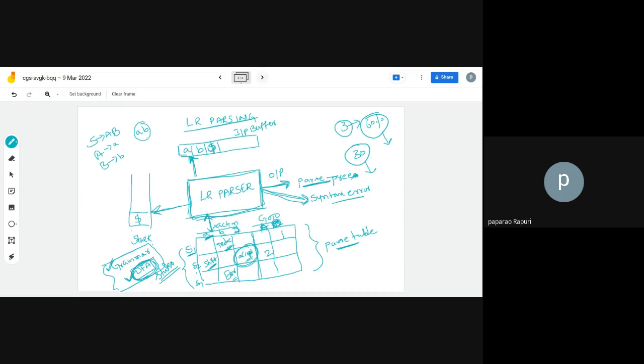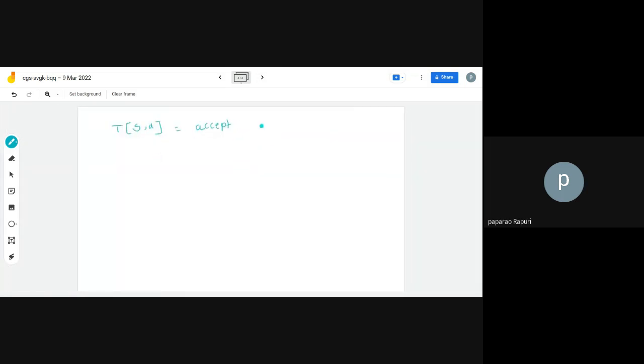Sir, what do I have to do when I get this kind of situation? This means the parsing is successful. So we can directly produce the parse tree, because in this situation we can say that parsing is successful.